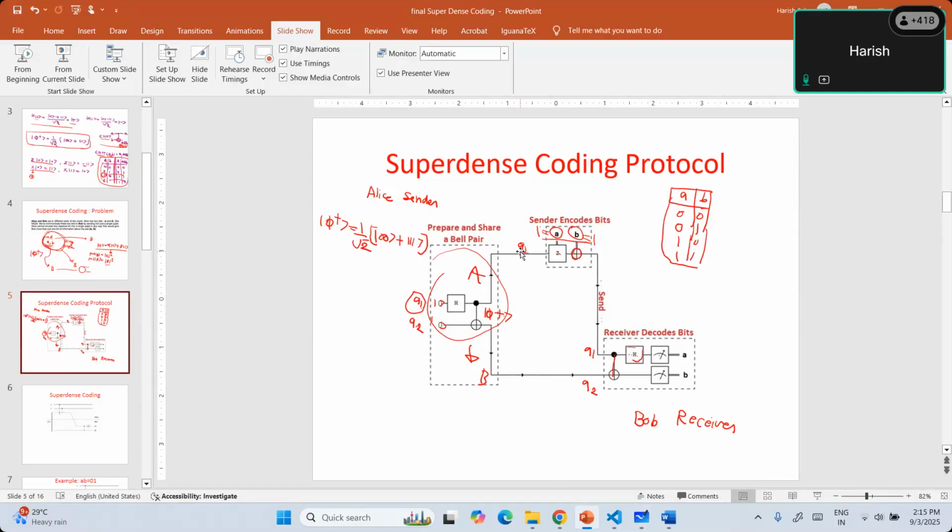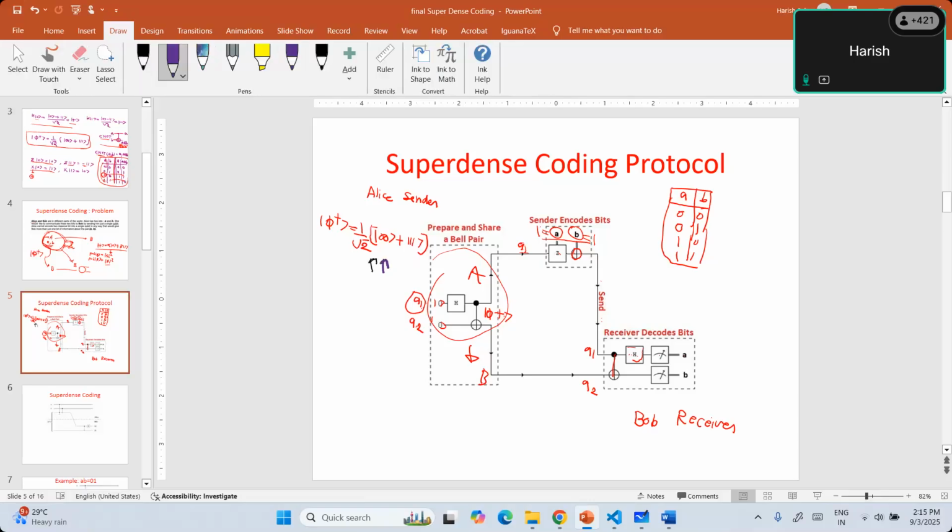Initially we bring these photons together. Q1 and Q2, both photons are with us, and we apply these gates, and then the state of these photons is entangled. Basically their polarization is entangled, meaning both the polarizations will be vertical, or both the polarizations will be horizontal.